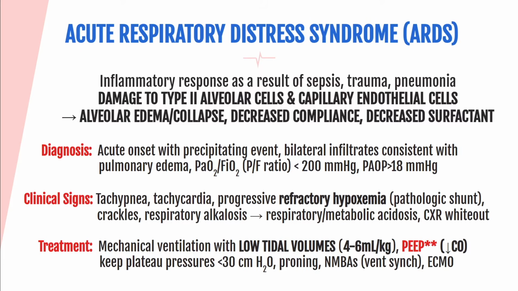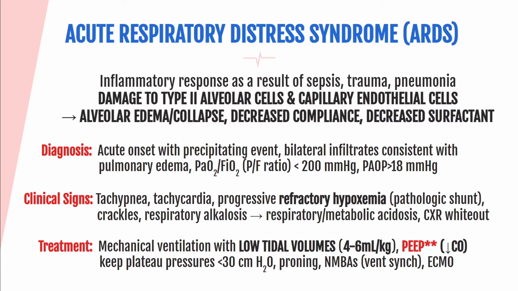Going back to the clinical signs that you'll see in these patients, they will absolutely have crackles and a high PAOP because they are drowning from the increased capillary permeability and alveolar edema. And initially, similar to status asthmaticus, their ABGs in the earlier stages will be consistent with respiratory alkalosis since they're working hard to breathe and they're tachypneic, so they're blowing off a ton of CO2.